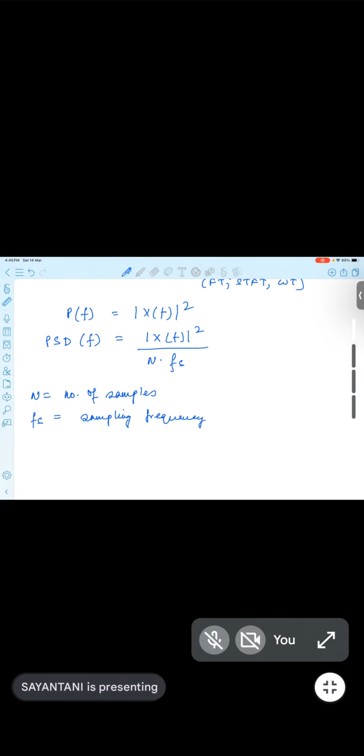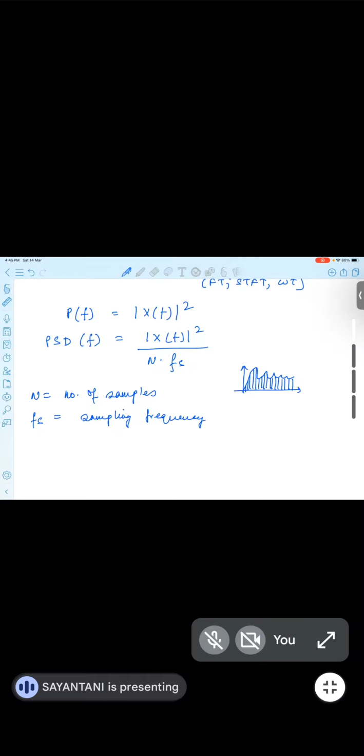Okay. So over here, I hope you can understand the meaning of samples and sampling frequency. Basically samples are the data points that make up this signal. So if you have this signal, they are the data points, the discrete values that make up the signal.